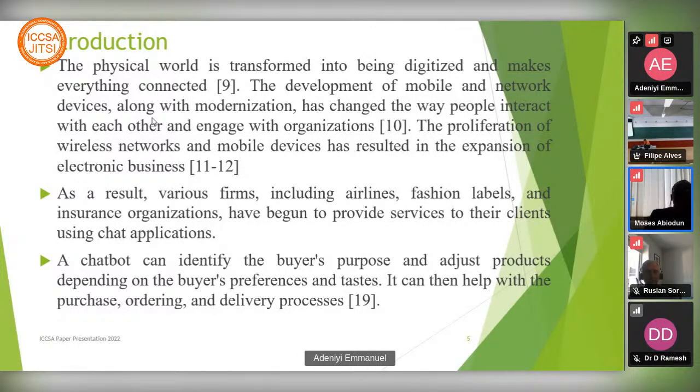As a result, various firms, including airlines, fashion labels, and insurance organizations, have begun to provide services to their clients using chat applications. A chatbot can identify the buyer's purpose and adjust products depending on the buyer's preference and taste. It can also help with the purchase, ordering, and delivery process. That is why we're looking into this research.